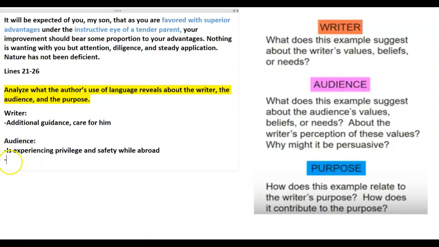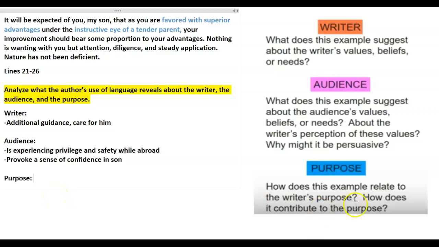And ultimately what she's trying to do to the audience here is provoke a sense of confidence in her son, and she's doing that by continuing to remind him that you are safe, you are favored with superior advantages under the instructive eye of the tender parent, your father. So again, she's trying to provoke that sense of confidence because we already know, context-wise, that he was reluctant to go on this journey in the first place.